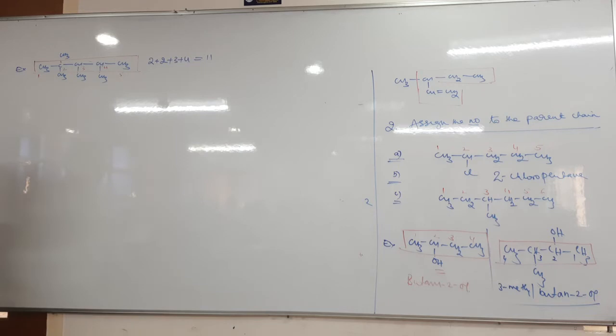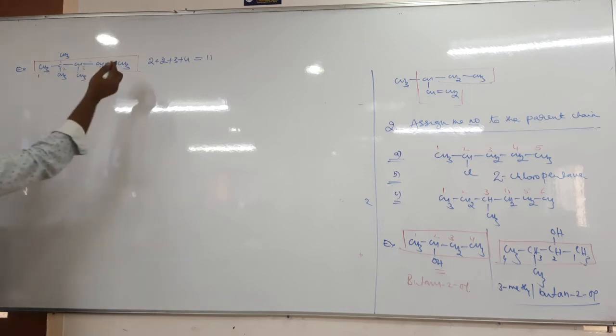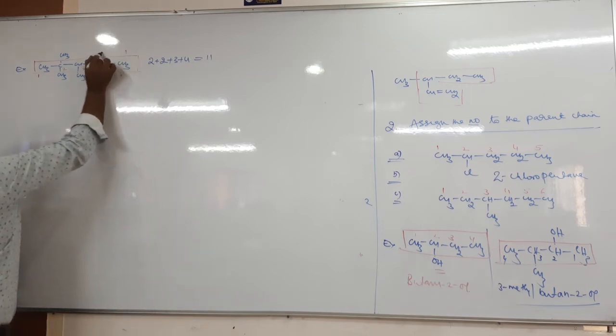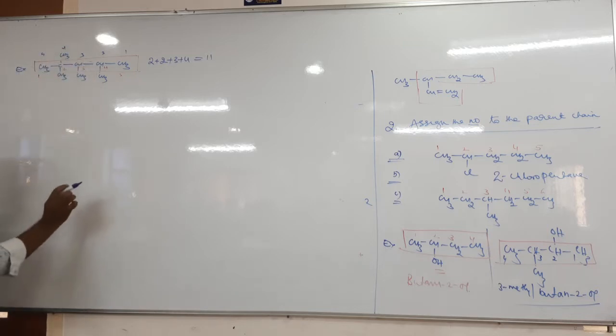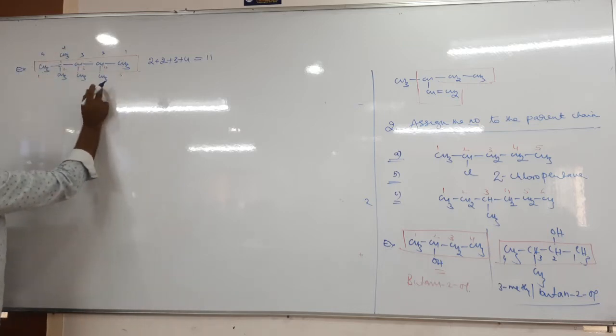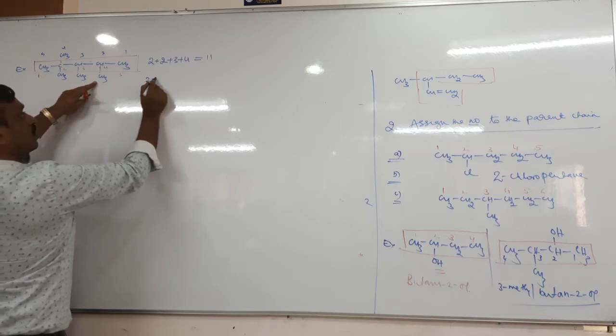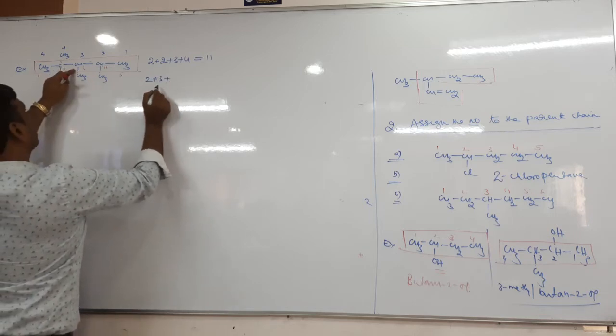So it is 11. That means the sum from left to right is 11. Now let us give the numbering from right to left. It is 1, 2, 3, 4, 5. Then what is the sum? Methyl is on the second carbon, another methyl on the third carbon.